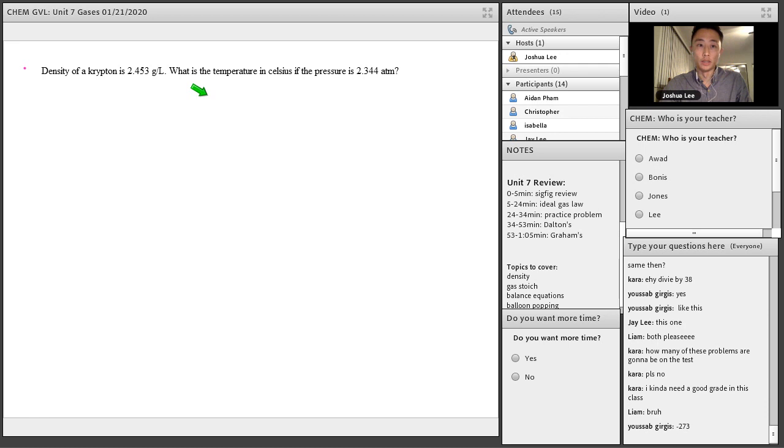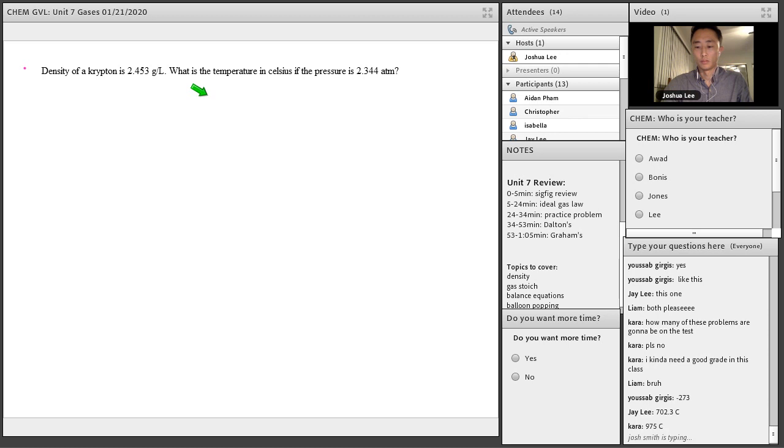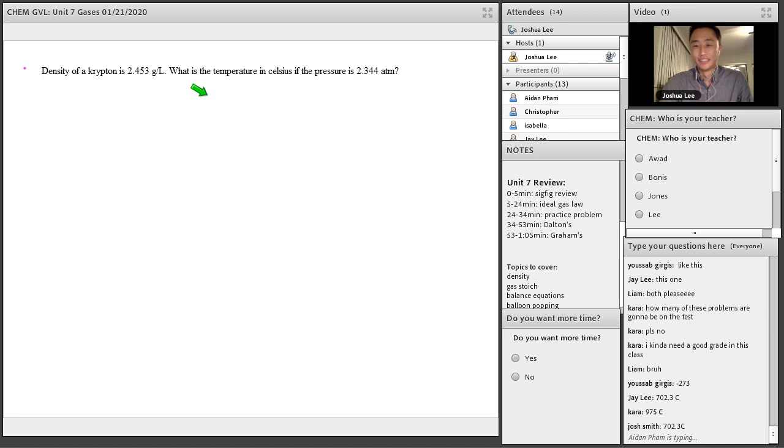Negative 273. 702.3 degrees Celsius. 975 degrees Celsius. 702.3.